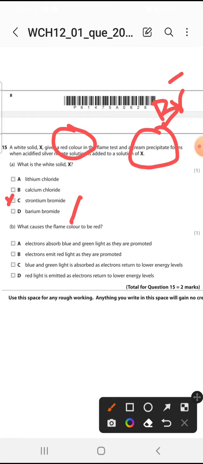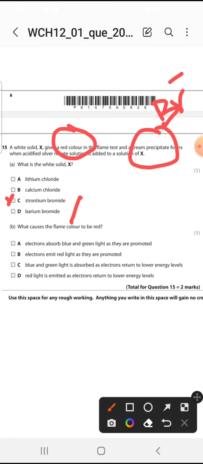What causes the flame color to be red? You remember flame colors are produced when ions in the gaseous state absorb energy. When they absorb the energy, electrons go to a higher energy level and then come back. When they come back, they release energy as part of a particular region of our light spectrum, so we can see different colors.